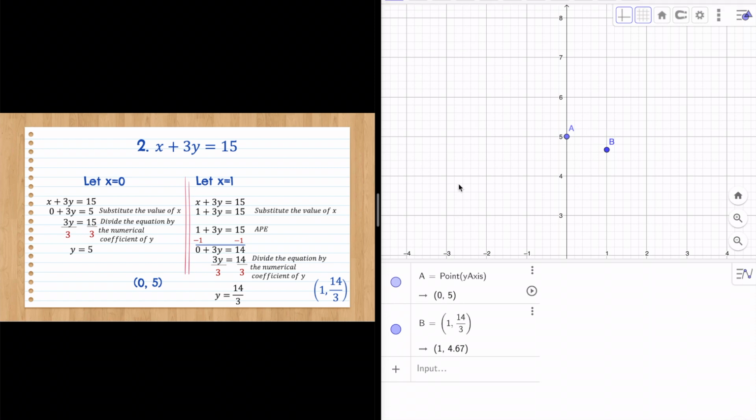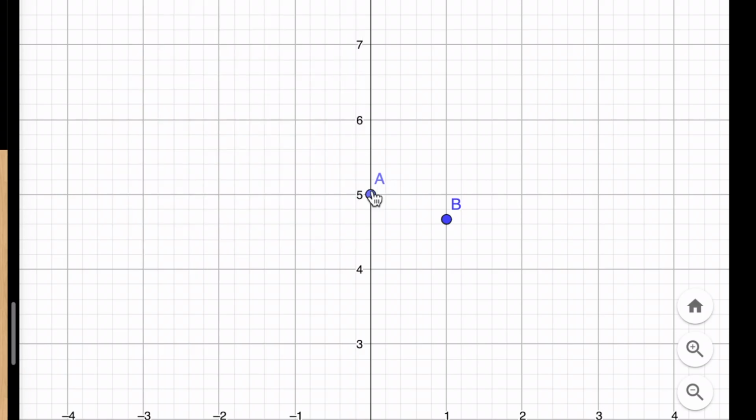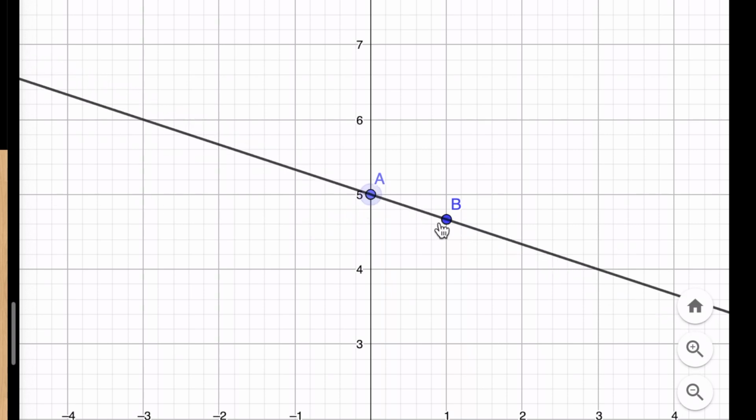And the next thing that you have to do is to connect these 2 points to have your graph. Specifically, yung line nung linear equation. So, connect mo lang siya point A to point B, and then you have your linear equation.